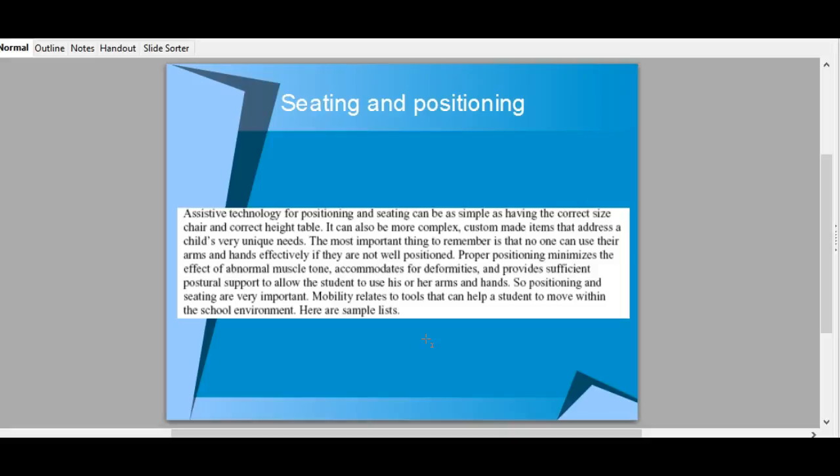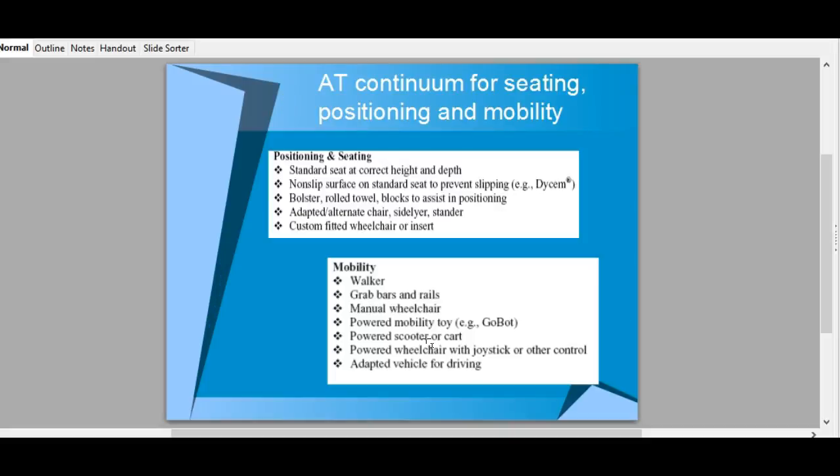Here's a continuum for seating and positioning. We have also lots of activities, and here's a few simple ideas that we use for positioning and seating and mobility.